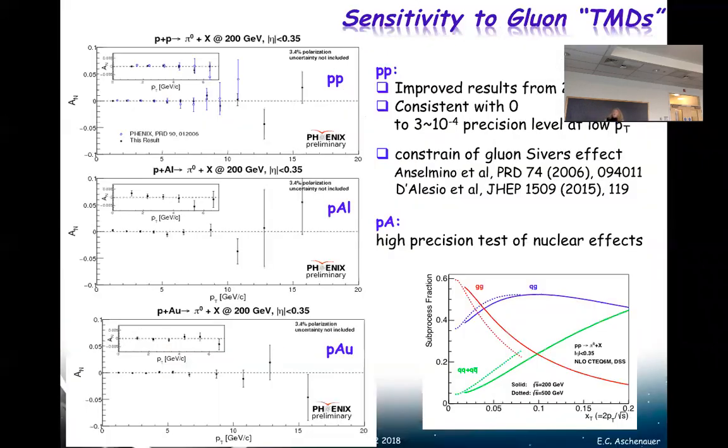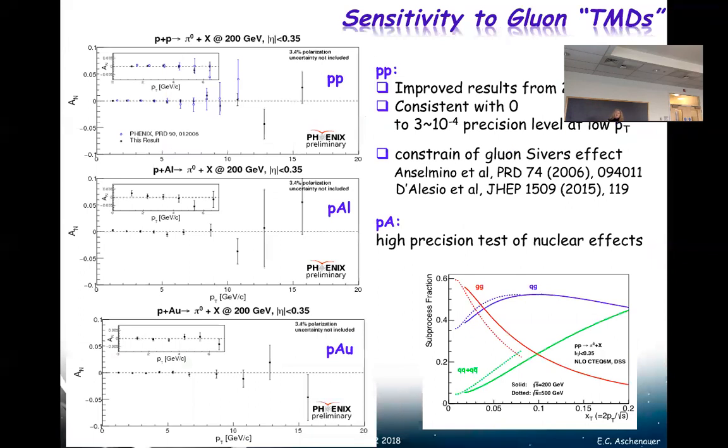Oh, thank you. Okay. So then, of course, there is this extremely precise measurement of the single spin asymmetry A_N at mid-rapidity from PHENIX, which you see here for pp, p-aluminium, and p-gold. And the same kinematics is used to constrain the gluon spin. You are very sensitive to quark-gluon and gluon-gluon scattering.